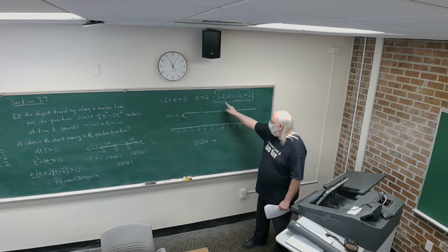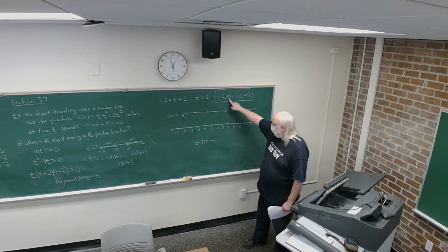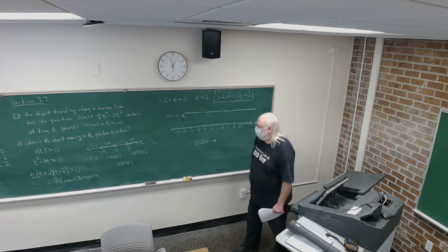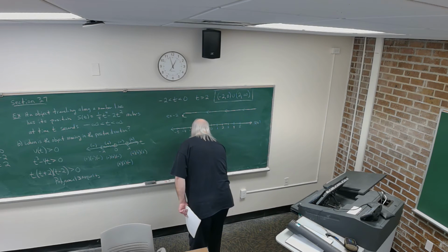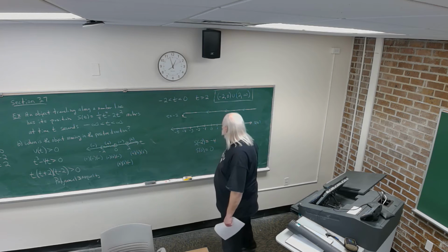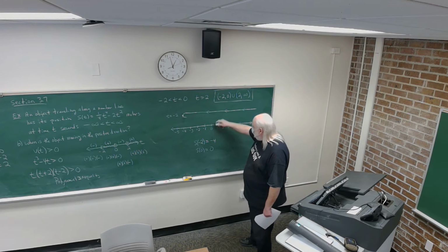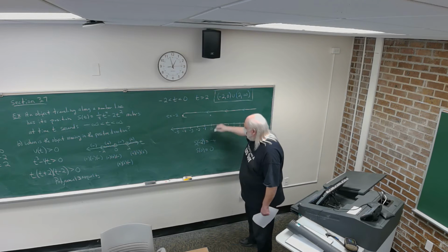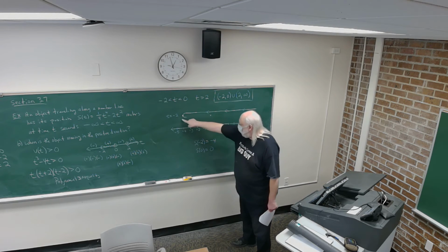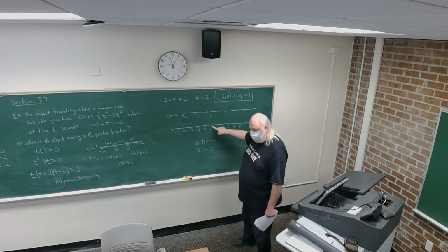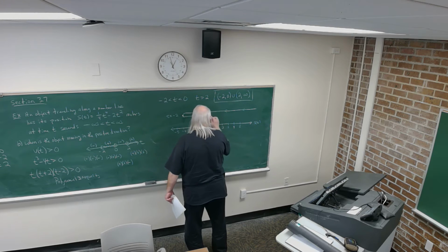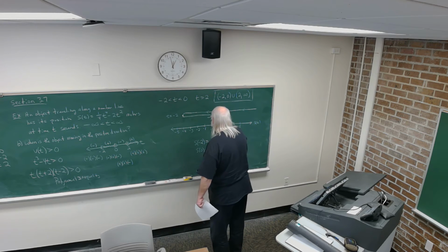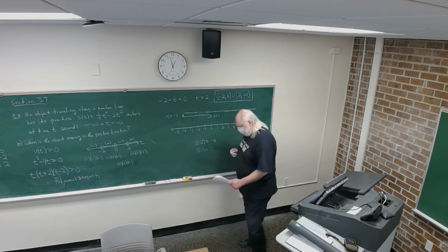Then from t equals -2 to t equals 0, it moved to the right. And we know from previous work, s of 0 is equal to 0. So here's 0 on the number line. From t equals -2 to t equals 0, the object moved from -4 to 0. So this is t equals 0.